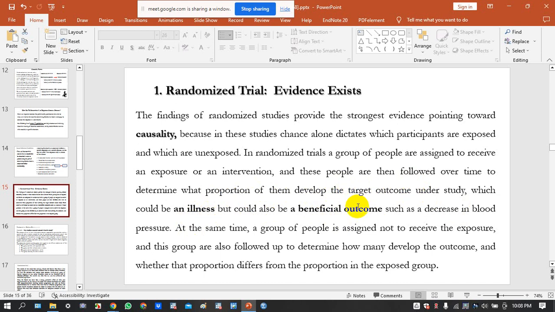So we can take about 100 workers or people staying in Boga. Out of these 100 people, we want to look at which of them will develop diabetes. So we follow them up and we realize that 70 of these 100 people develop diabetes. Then we find out what work they do.